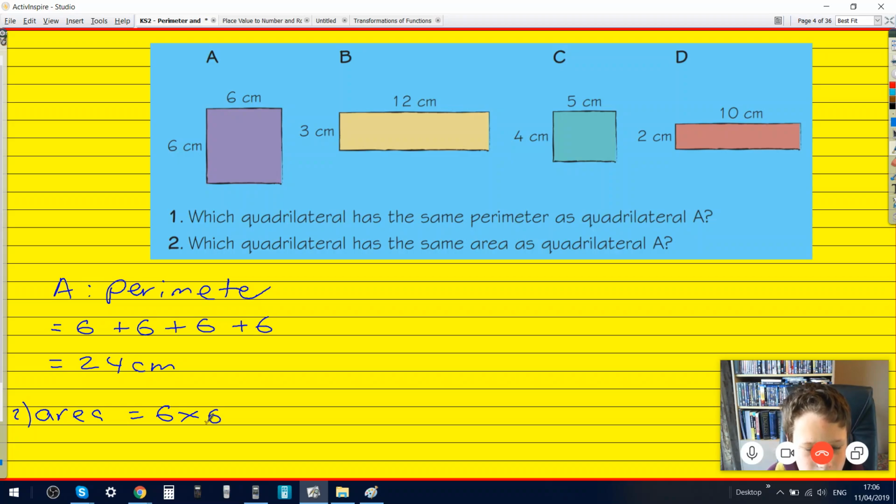And so, what is question 1 asking us to do? Question 1: Which quadrilateral has the same perimeter as quadrilateral A?